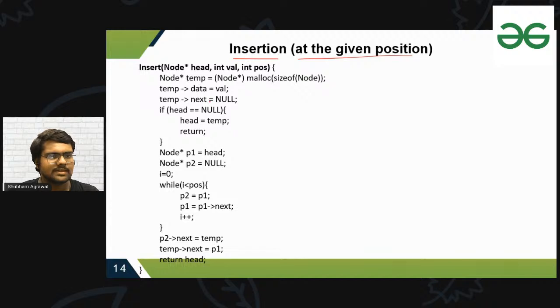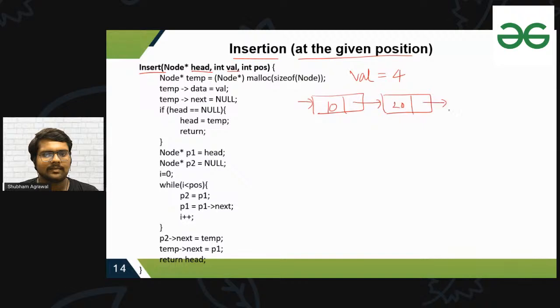So if we want to insert value equal to 4 here, first let me create the full list. 20, then we have 30, and it's pointing to null. And we want to insert at a position. Let's suppose the position starts with 0. So this is 0 position, this is first position, and this is second position. So I want to insert this value at the second position.